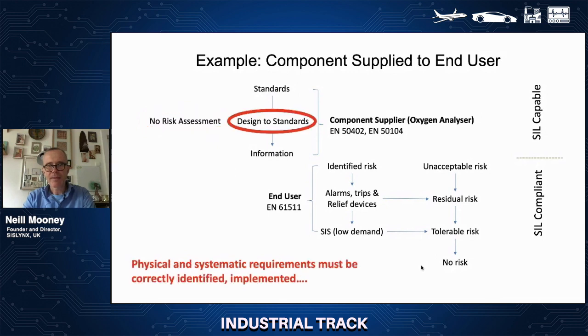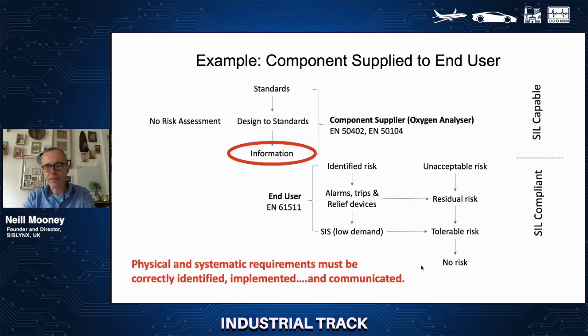They will design to standards, and the standards are quite explicit about what needs to be done to attain a specific level of reliability for the engineering portion of the component, but also what needs to be done from a management point of view to ensure systematic capability is maintained. So the component supplier also needs to collect this information and pass it on to the end user once the component is sold on.